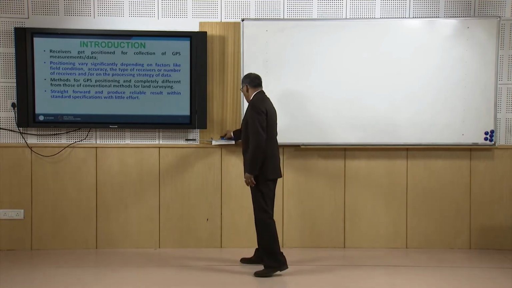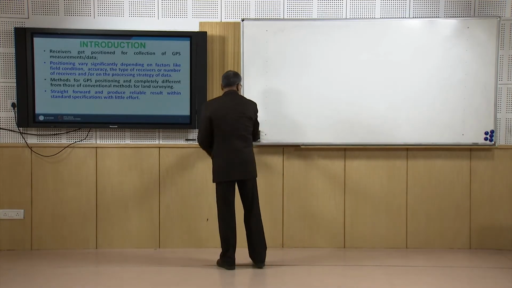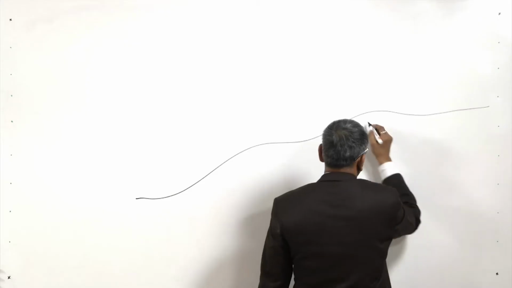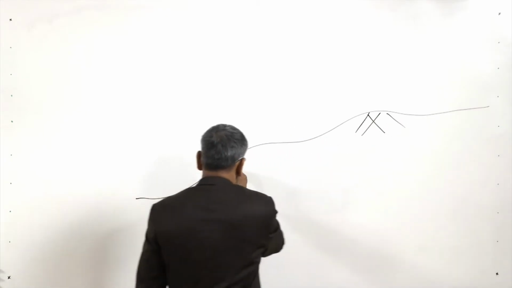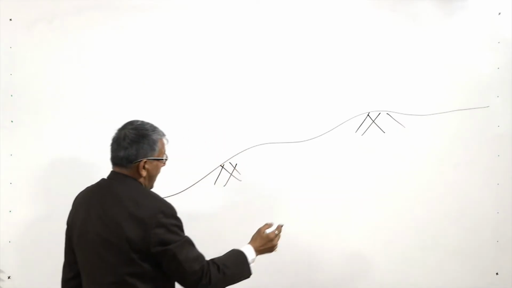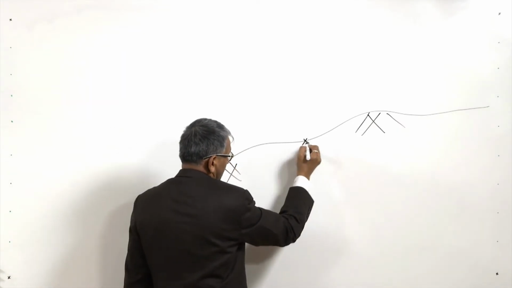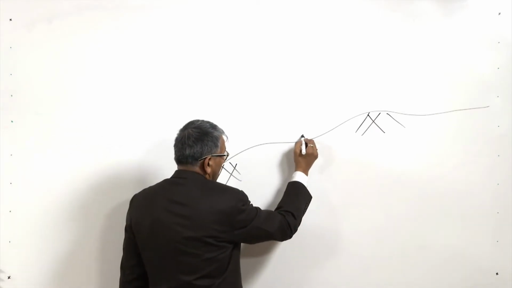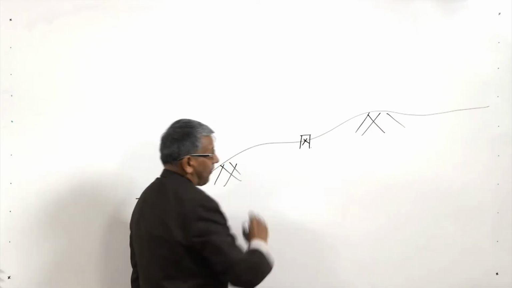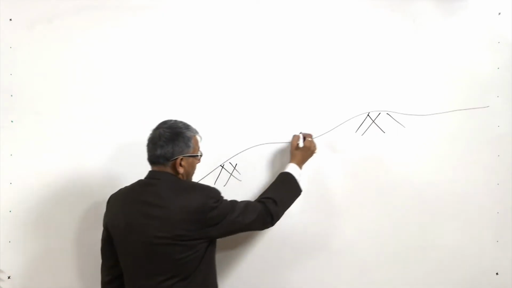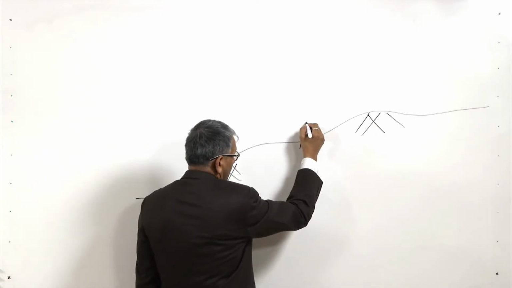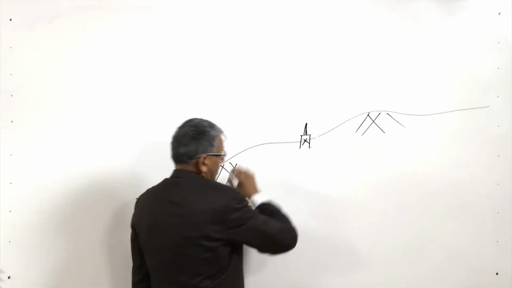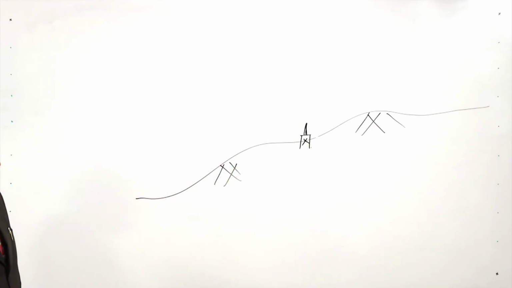Now, as I told you, whenever we want to go for surveying, suppose this is the tract of land, and for this point we may look for a control point. This is the station point.